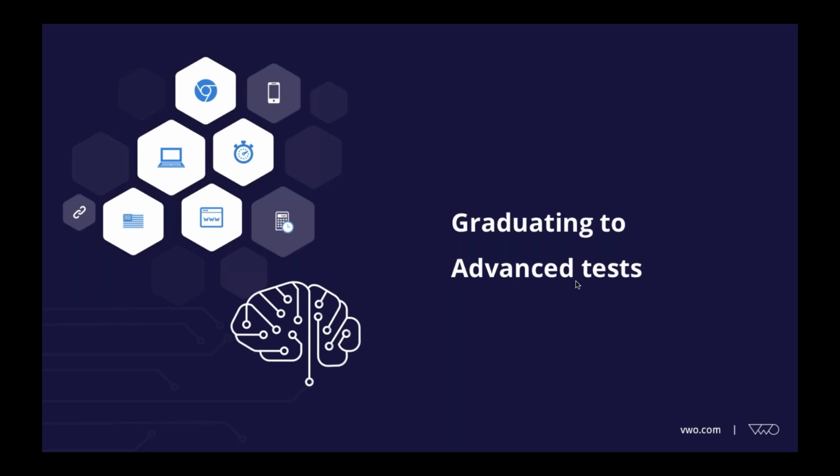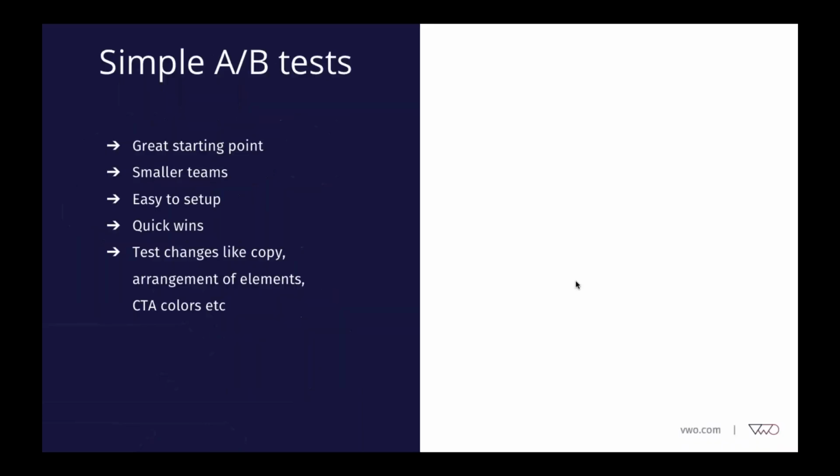As a rule of thumb, if your website traffic is greater than 100,000 unique visitors per month, you can definitely go ahead and run MVTs. So that was a brief about A/B testing, and now let's move on to understanding how you can start building and running more advanced A/B tests.